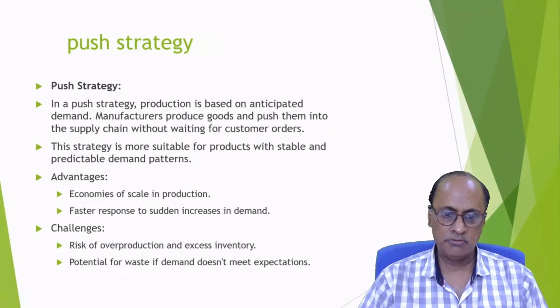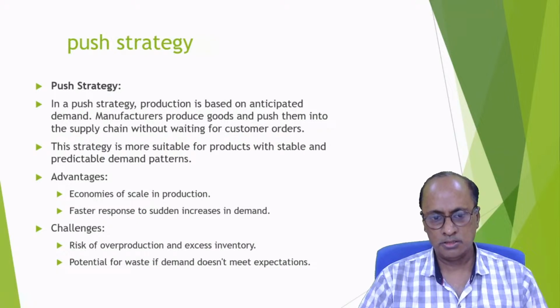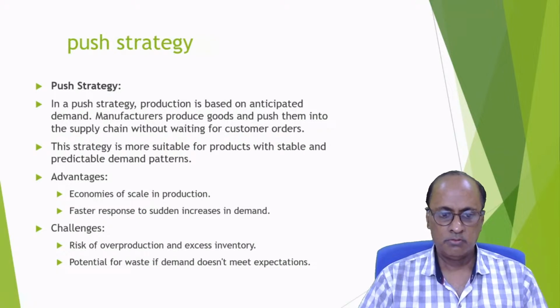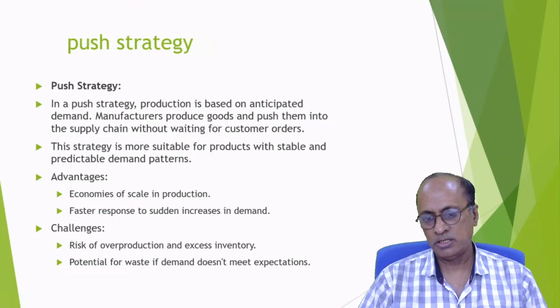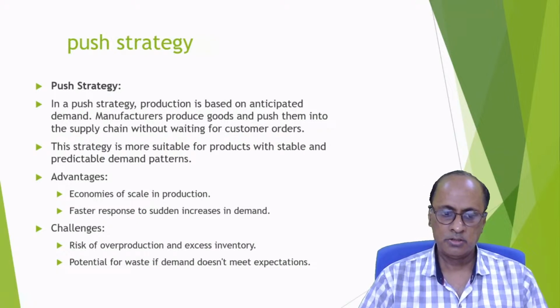In either case, there will be excess inventory, and it also leads to overproduction because anticipated demand sometimes may not be correct. There is potential for waste if demand does not meet expectations. What you have expected, if demand does not meet it, there is a potential waste.